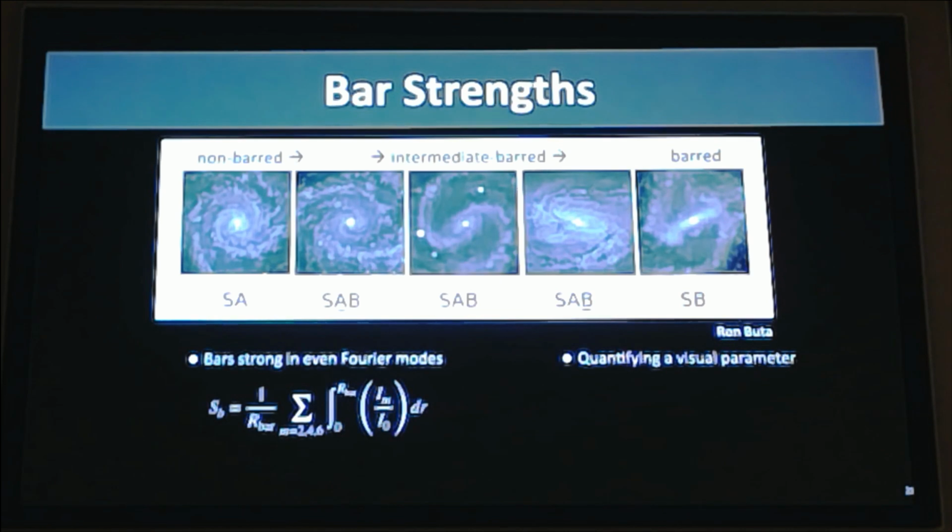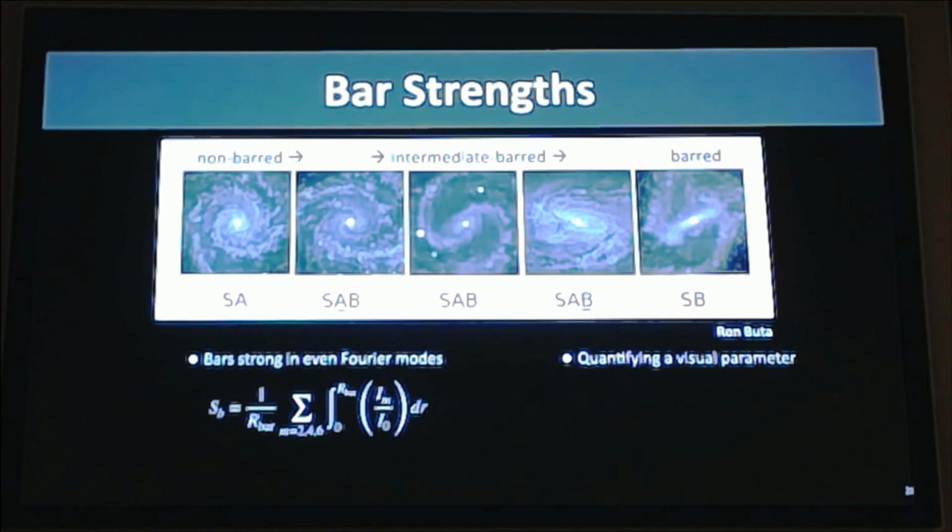But with that bar length, we can now move on to the other parameters. The bar strength, again, is quantifying what was a visual parameter. By looking at these different galaxy images, ranging from not barred to very barred over here, you should be able to see a bar becomes more and more pronounced visually. It becomes clear here, and that's a strong bar.